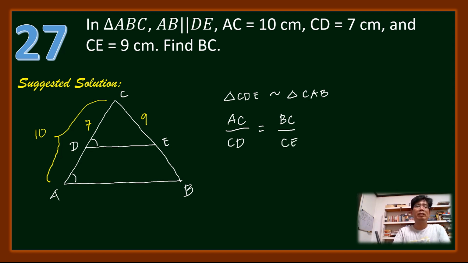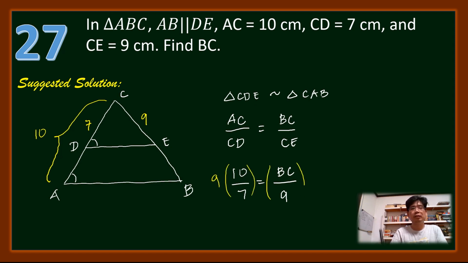Substituting the given values, AC is equal to 10, CD is equal to 7, and CE is equal to 9. From here, we can get the value of BC multiplying both sides of this equation by 9. Then we can get BC is equal to 9 times 10, that is 90 over 7 centimeters.